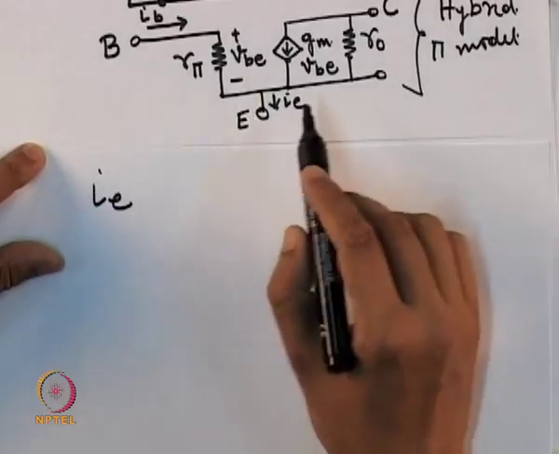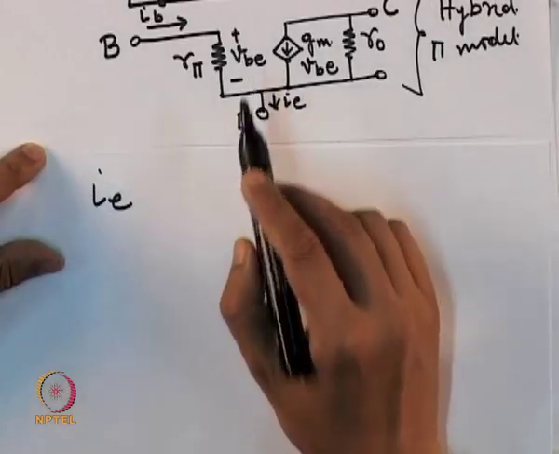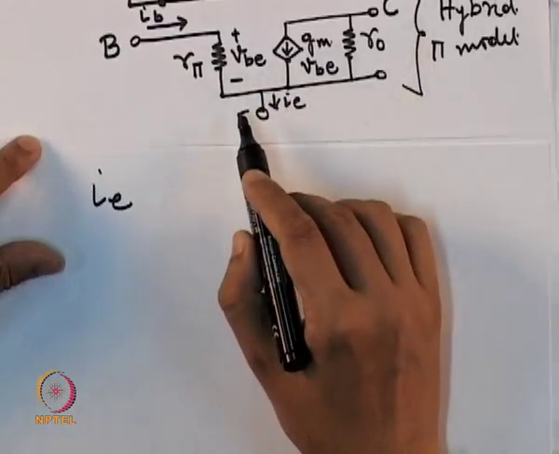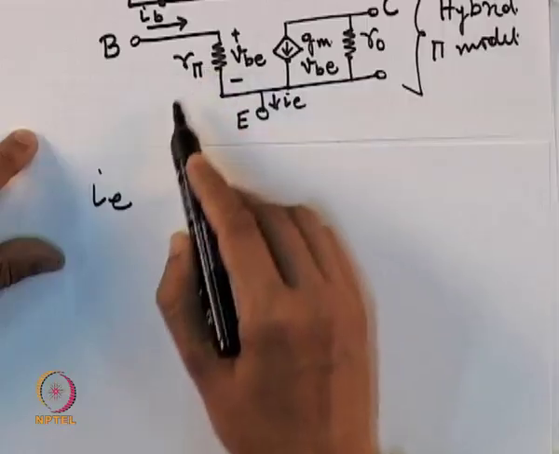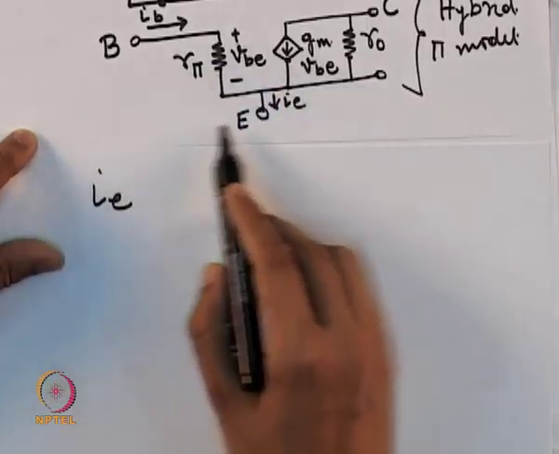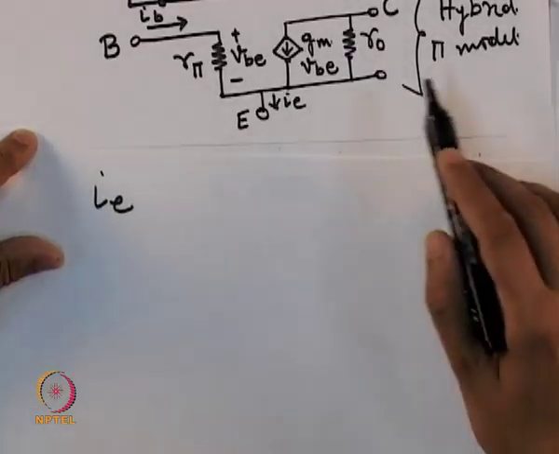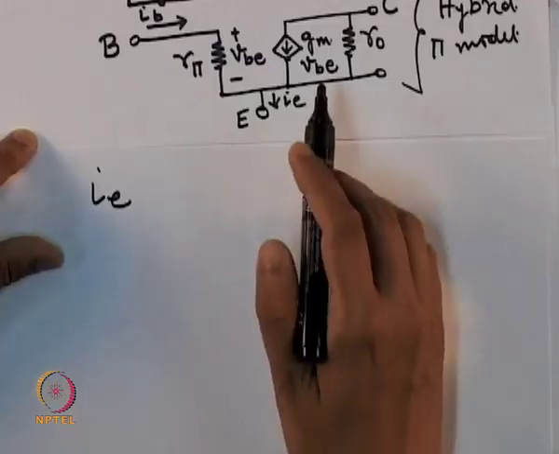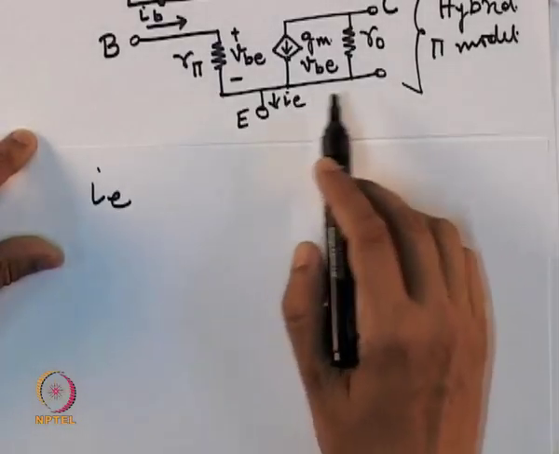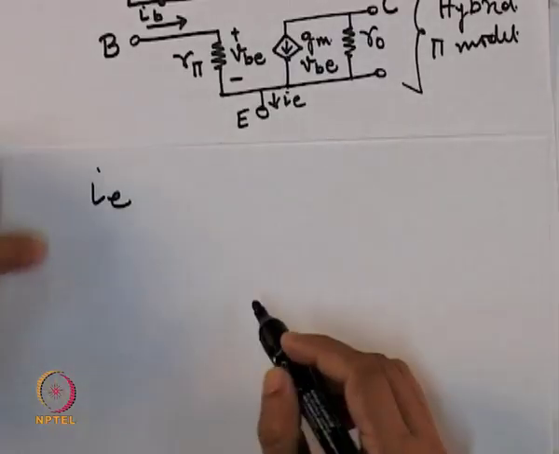Hence, because of the linearity of this BJT in its active region, we can separate the AC circuit out and just analyze the AC solution. Later on, we can combine this solution with the DC solution, and the final output will be the sum of the two, or the superposition of the two.